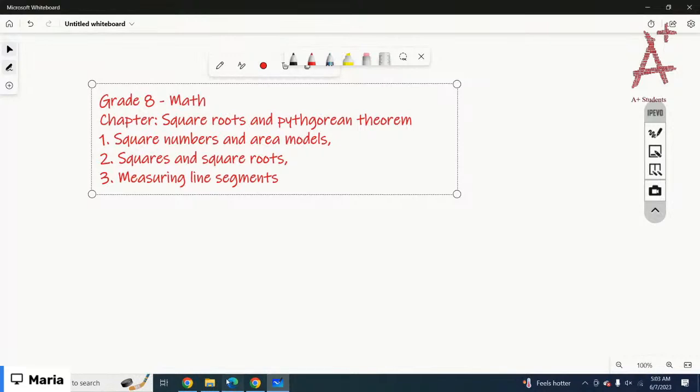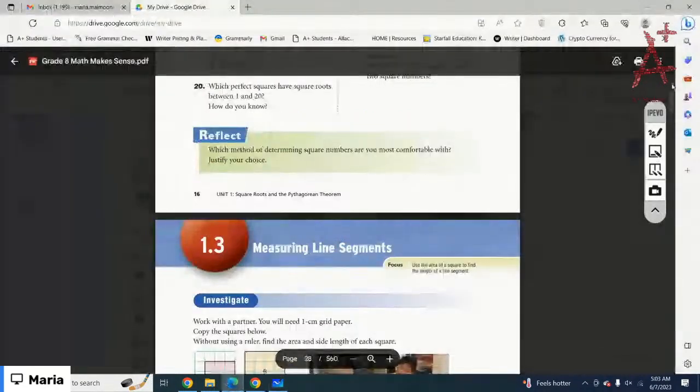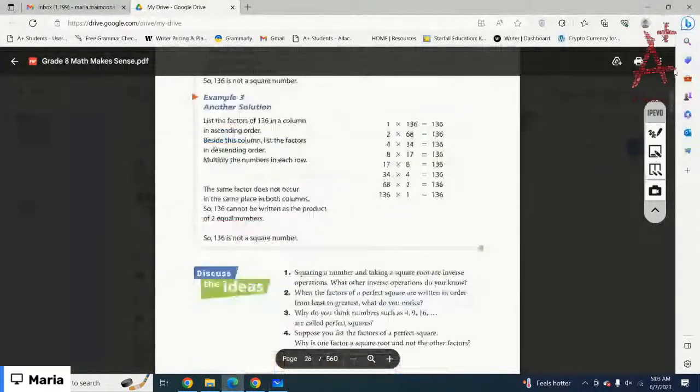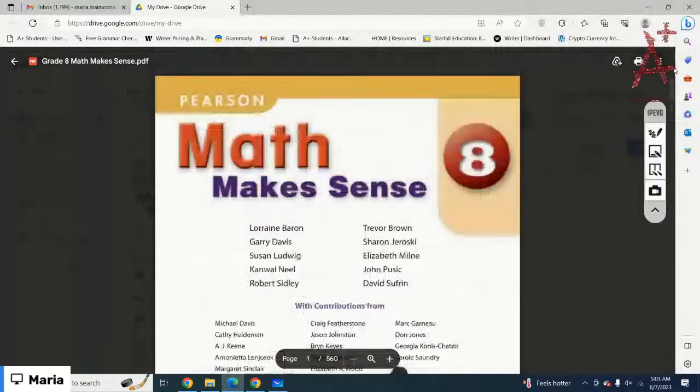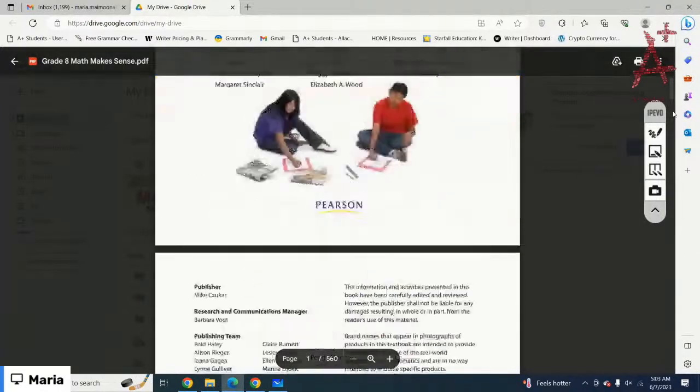Basically we're going to start covering the book. You can see here is the book Pearson Math Makes Sense 8. So let's start with the very first chapter from the book.